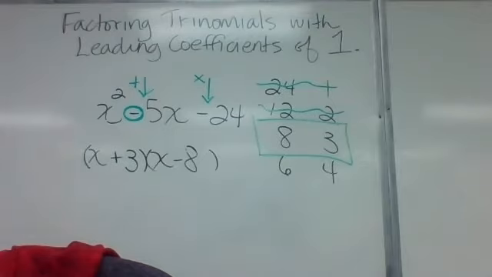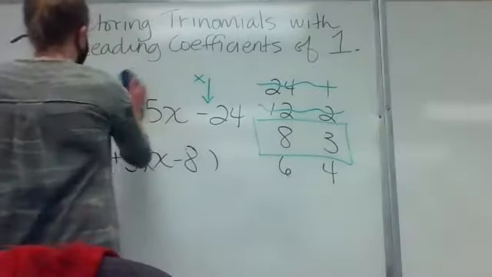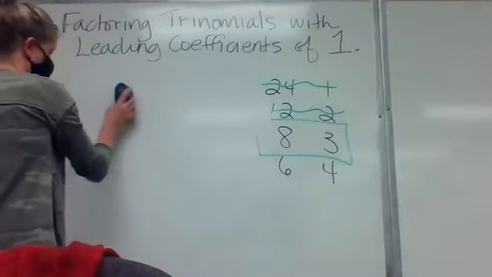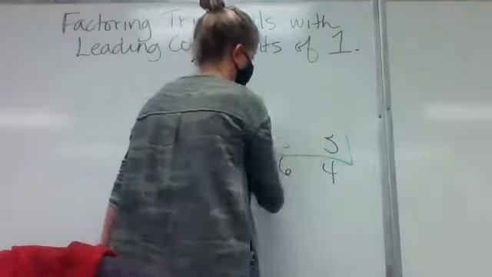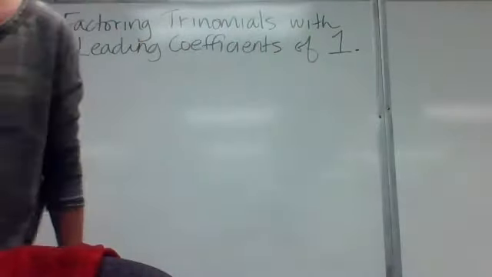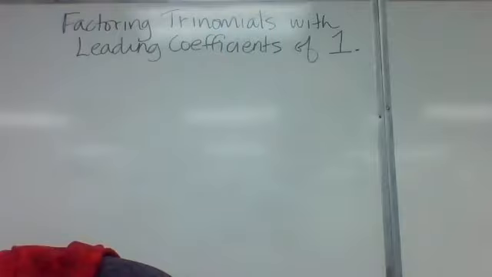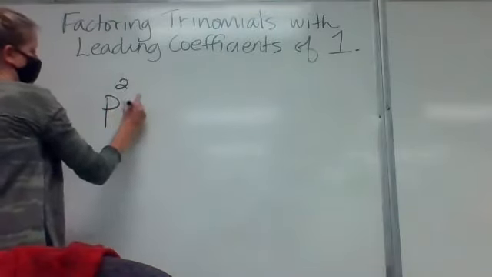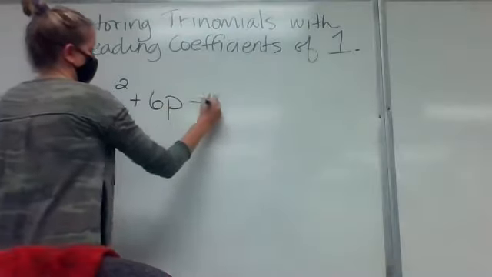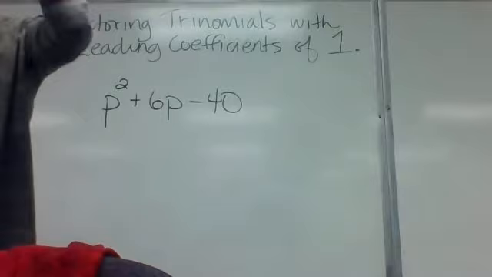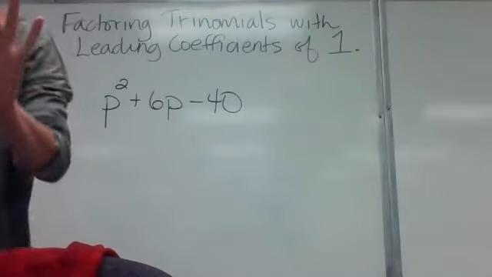All right, let's go back to our homework. Look at number 4. You've got p squared plus 6p minus 40. Trinomial, right? It's got 3 terms.